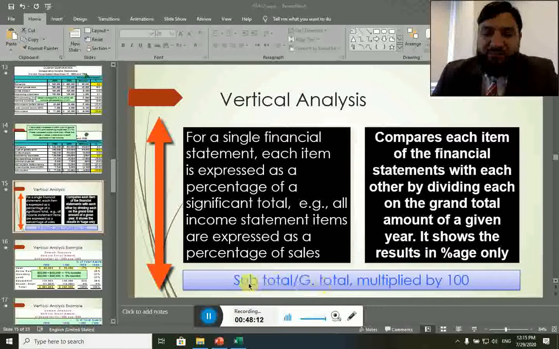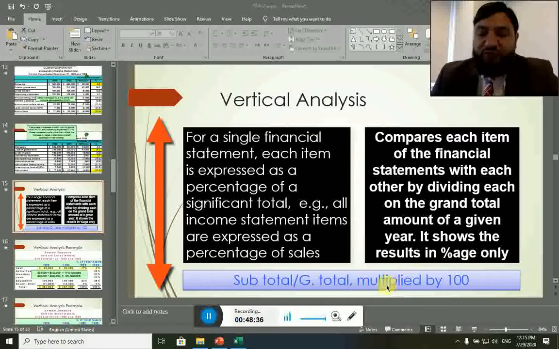So what is the formula? Subtotal divided by grand total multiplied by 100. Remember that in income statement the grand total is the sales, and the subtotals are the rest of the items including income and expenses. In balance sheet, the grand total is total assets for the asset portion, right?